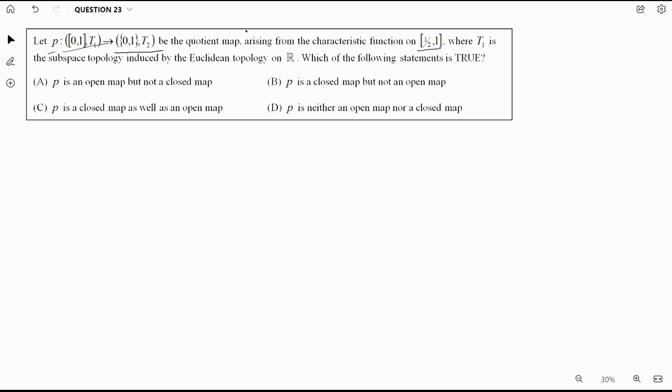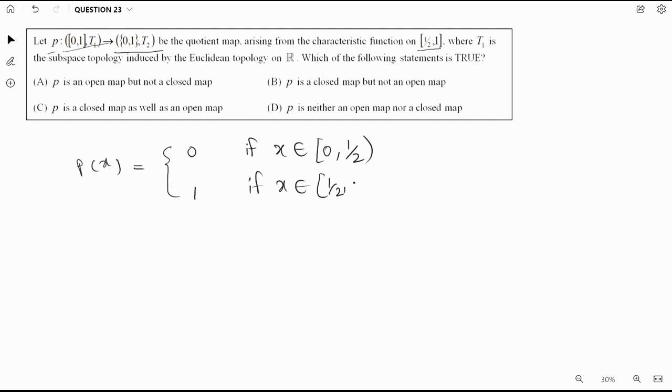Basically P arises from the characteristic function on this closed interval, therefore we can write P(x) = 0 if x belongs to [0, 1/2), and it is 1 on this closed interval [1/2, 1].